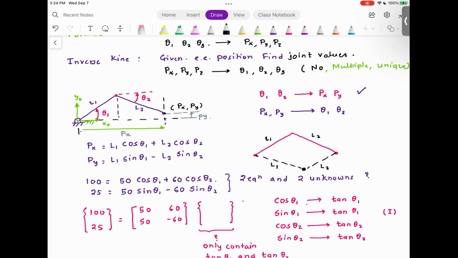Many times, your actuators or motors will have physical limitations, like the motor cannot reach that angle. So you have to look at the alternate possible solution. With inverse kinematics, using either the geometric approach or the trig identities, you have to be extra careful. You have to use something called atan2, which is arc tangent, to find all possible solutions.